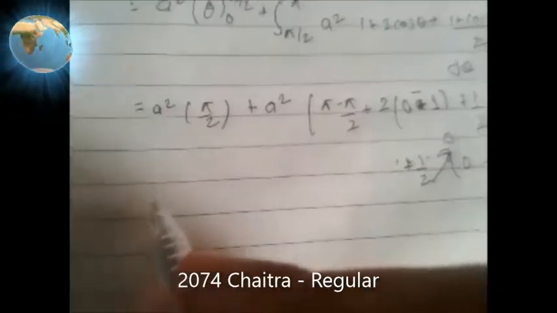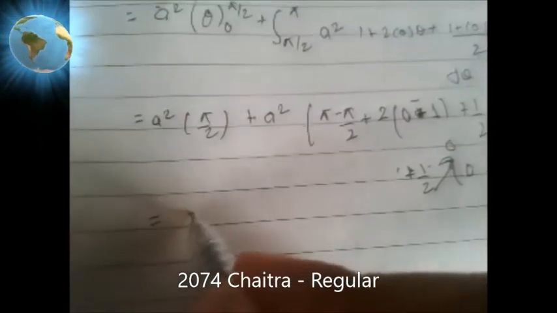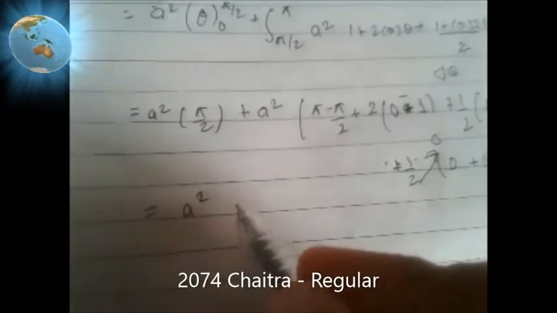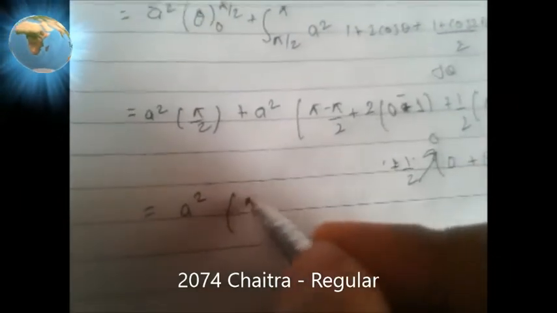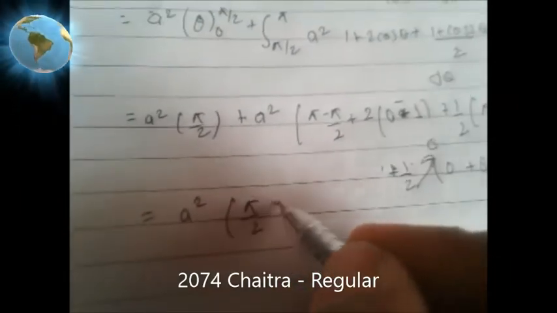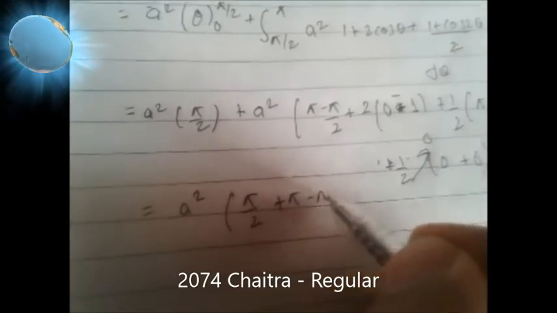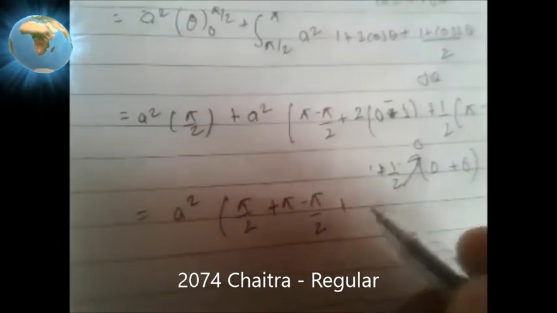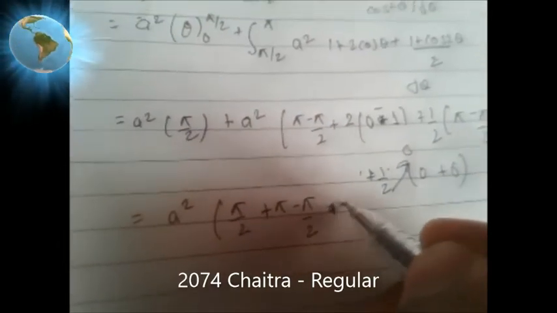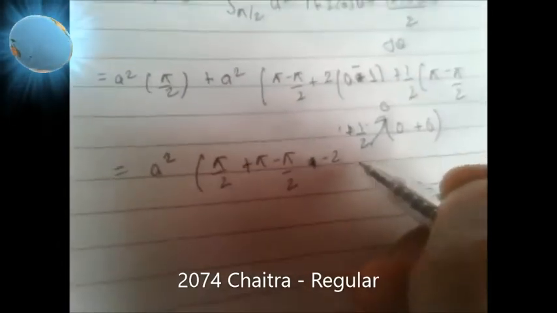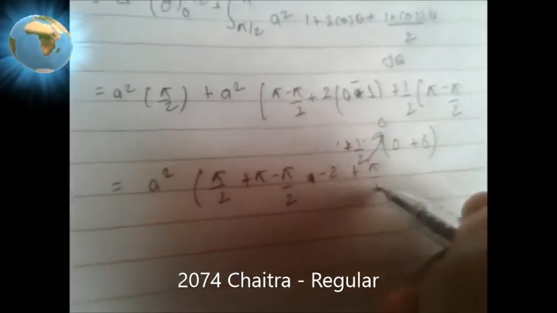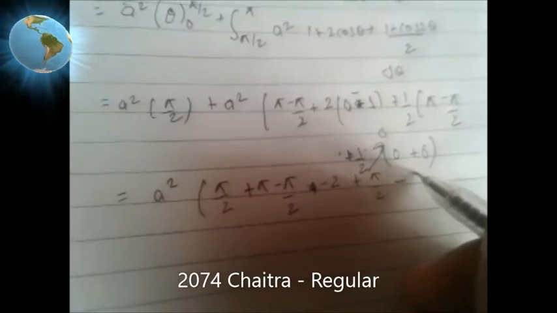Now we have a square common, so we take a square common, and the remaining is pi by 2 plus pi minus pi by 2 minus 2 plus pi by 2 minus pi by 4.